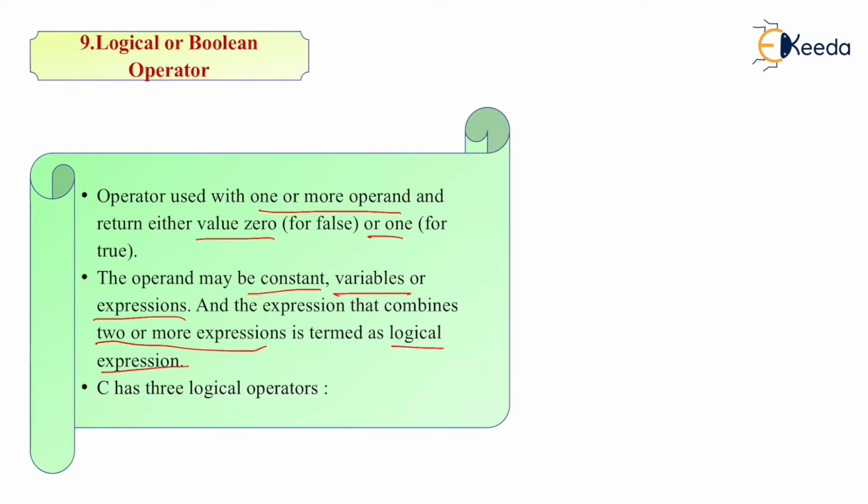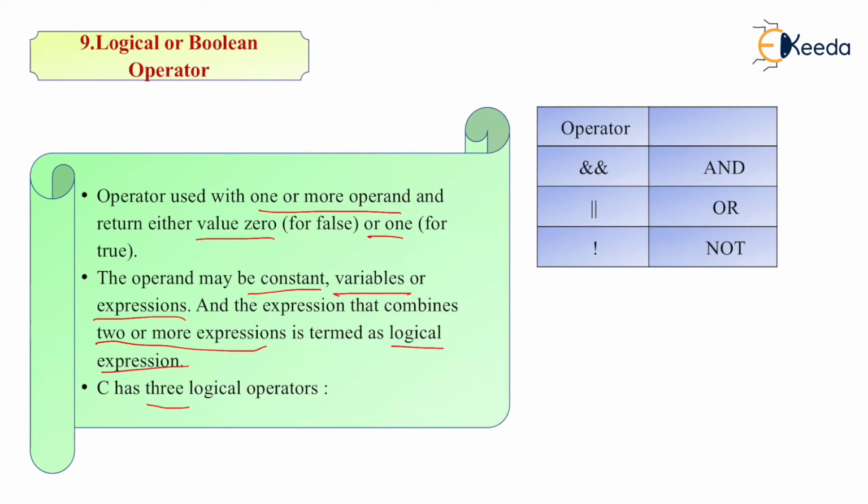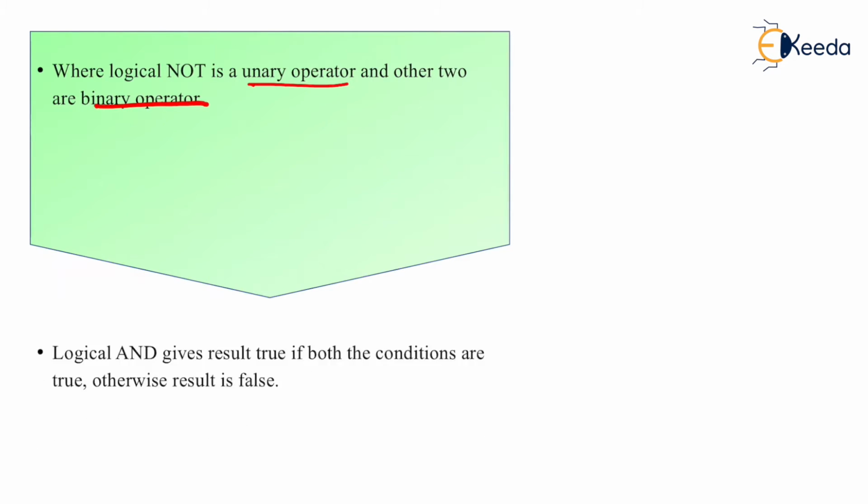C programming has three logical operators. First is logical AND, second is logical OR, and third is logical NOT, where logical NOT is a unary operator and the others are binary operators.